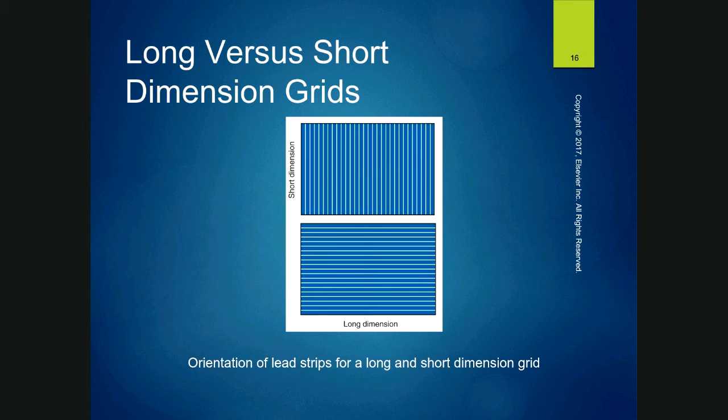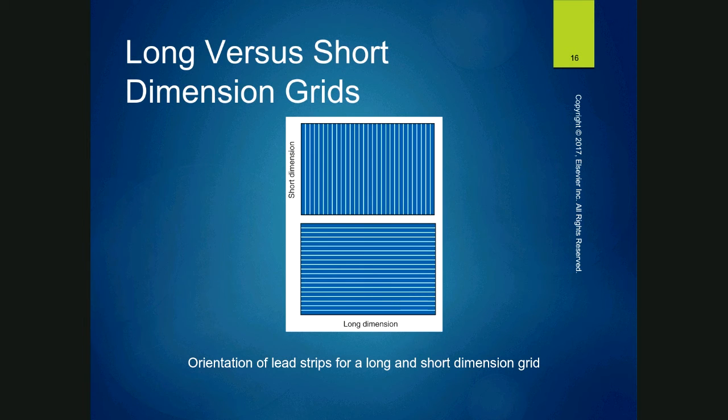You're supposed to enter the chest at the level of T7 with a perpendicular central ray, but your grid behind that person has come forward because of how they have come forward. With a short dimension grid, you would be safe because your lead strips are running up and down. So if you're off up and down with your centering, you're safe.